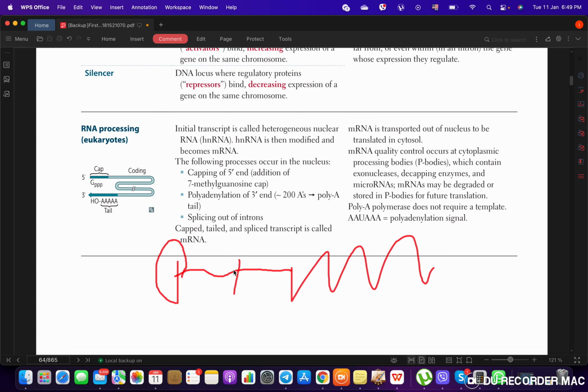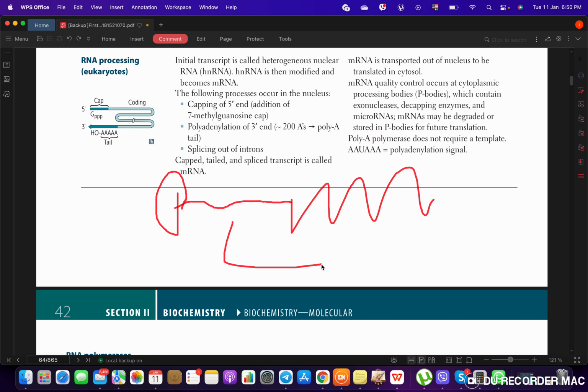Yes, I should remove all of the introns by splicing. Okay, done. So let's say he's perfect now and he's ready to go to the cytosol.